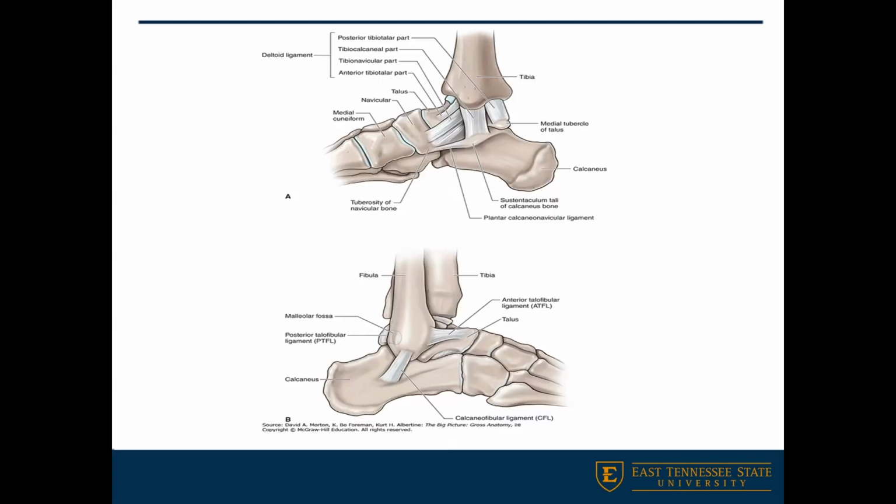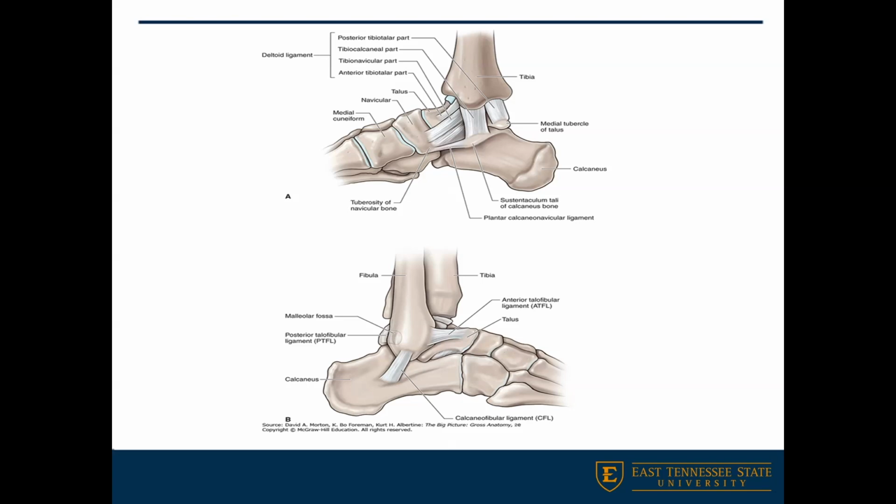All right, switching gears and moving on to the dorsum of the foot. Again, I'd like to remind you of the bony structures. The tarsals, the proximal row is the calcaneus, the talus, and the navicular. The distal row is the medial, intermediate, and lateral cuneiform and the cuboid.